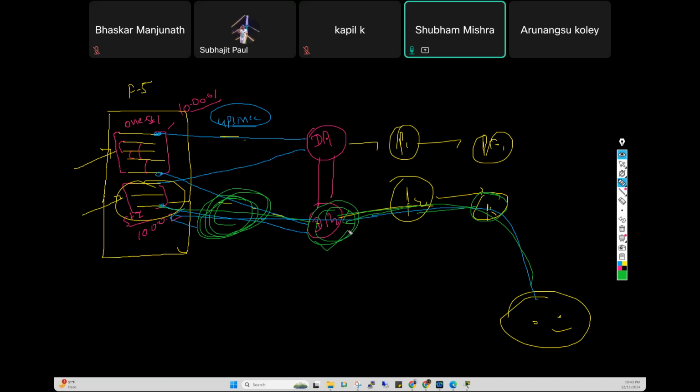Is this clear, everyone? Allowing on the trunk is compulsory, sir, in real time? Yes, you need to allow that management VLAN. आप कोई VLAN allow करो ना करो, management जरूर करो. That is my point.